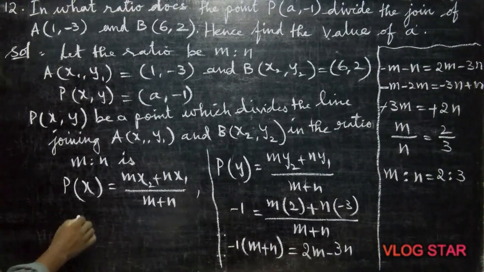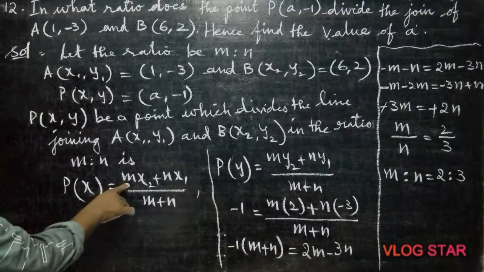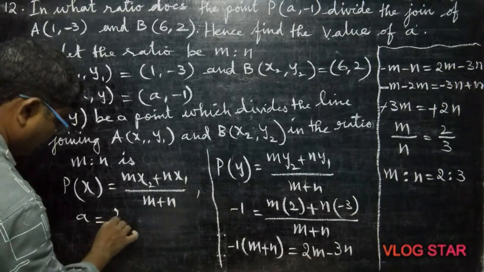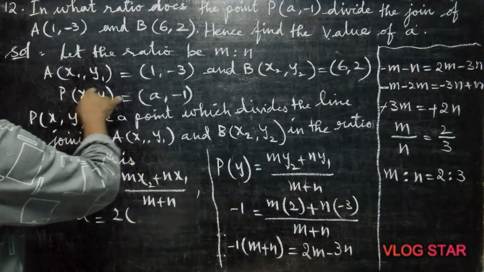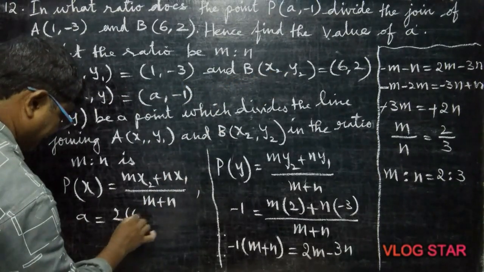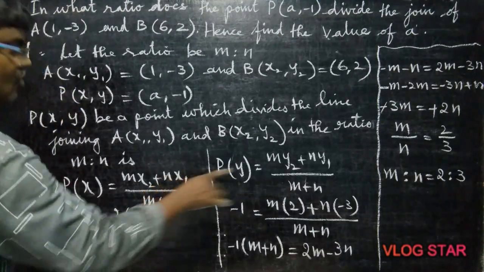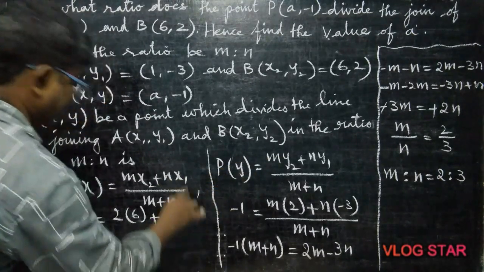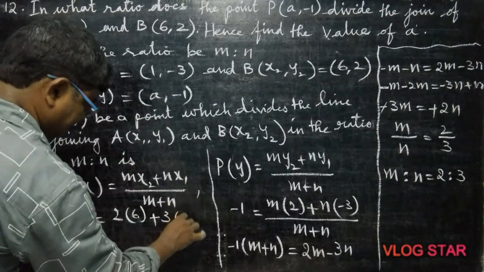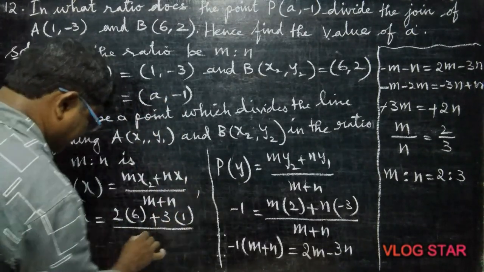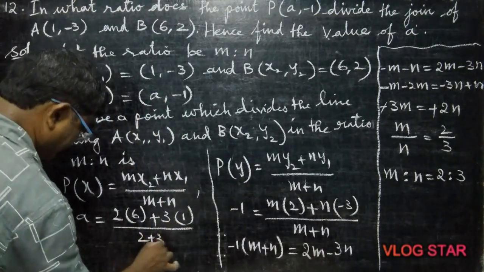Now substitute. P of x is a. Now we got m as 2. 2 into x2. What is x2? 6. Plus n how much we got? 3. And x1 how much? 1. Take the numbers carefully and write, divided by 2 plus 3.